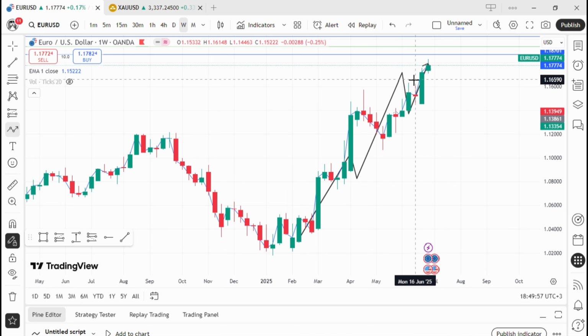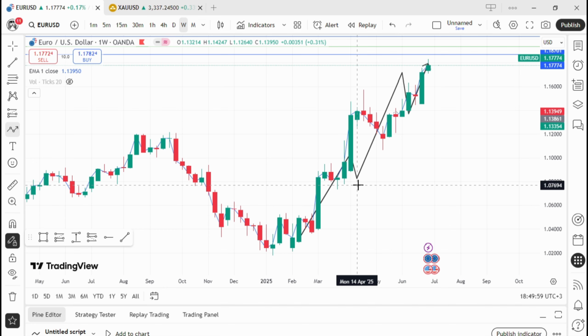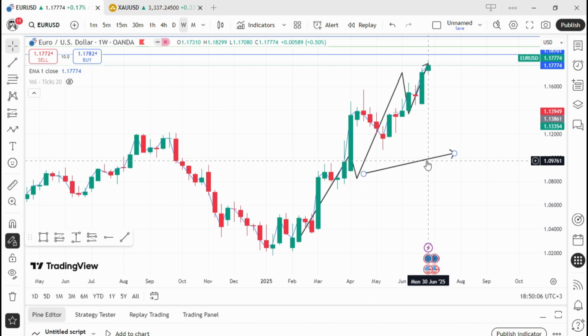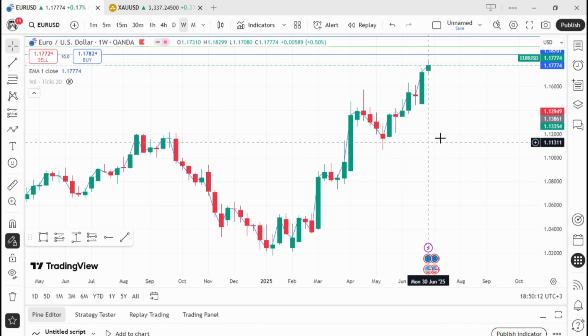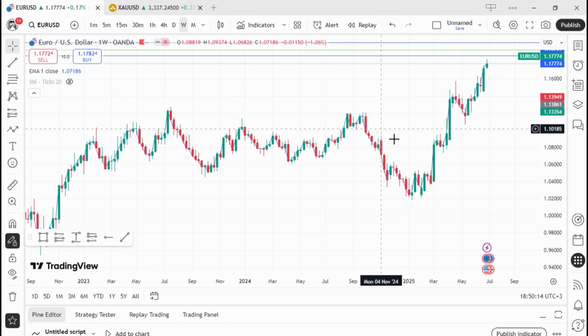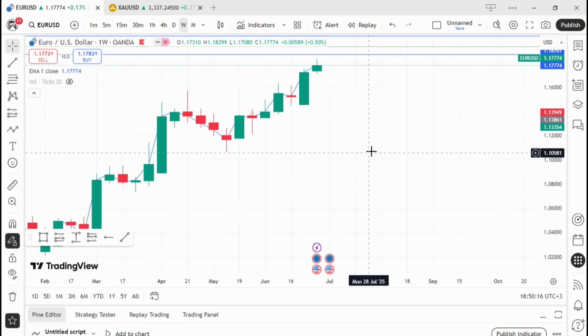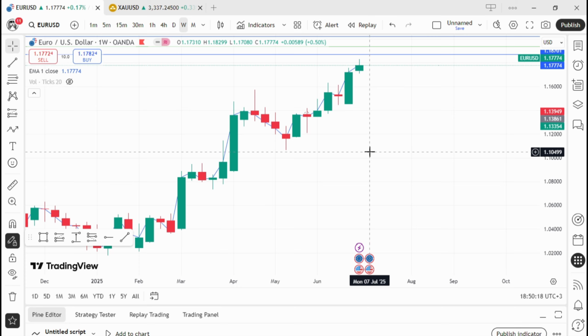So what can you do as a trader? As a trader, you can make use of the bullish run. Most times you want to counter trades. What do I mean?